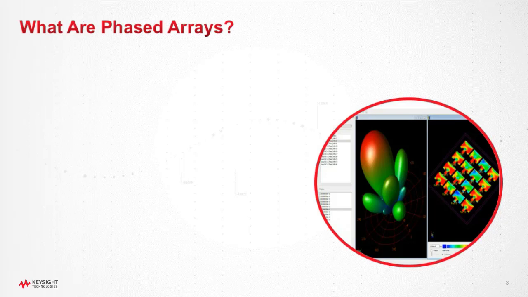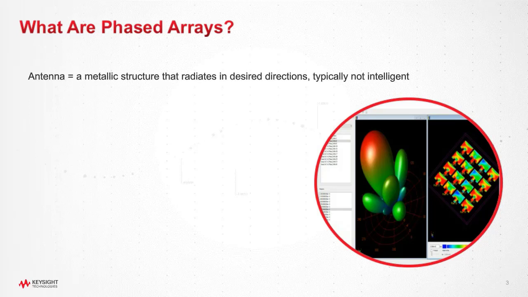What are phased arrays? Before we define a phased array, let's define an antenna itself. An antenna is a metallic structure that radiates in desired direction or directions, typically not intelligent. What we mean by intelligent here is that if we want to change the direction of the radiation, we have to physically rotate the antenna.